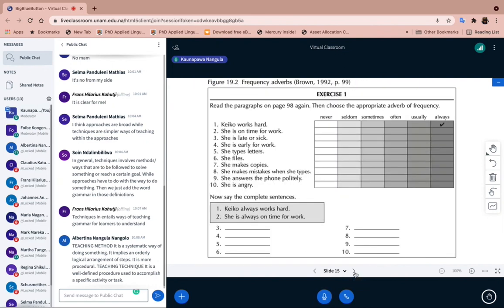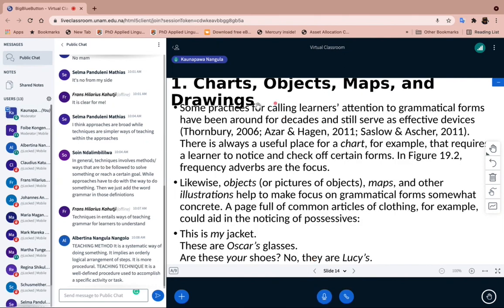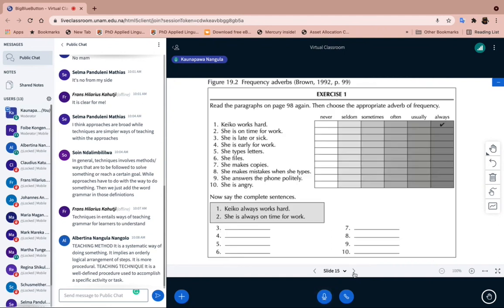And now talking about charts, they mentioned something about charts. So we have got a chart here. What the learners will do in the classroom is read the paragraphs on page 98 again, and then choose the appropriate adverb of frequency. So we have got a paragraph talking about Keiko and what she does, right?